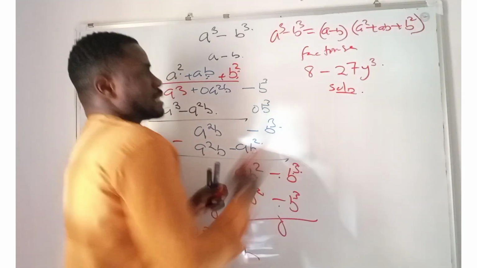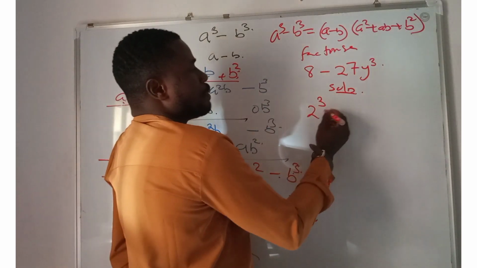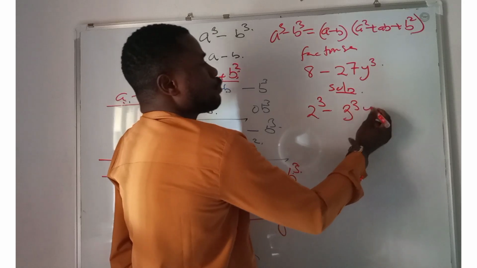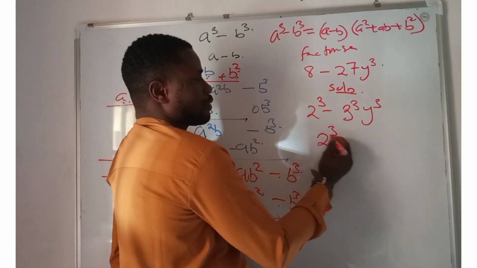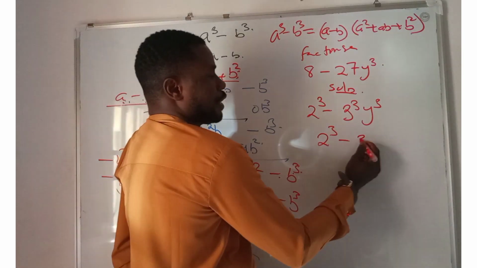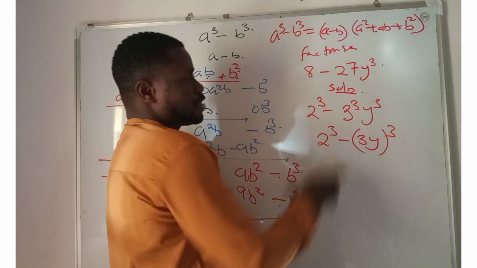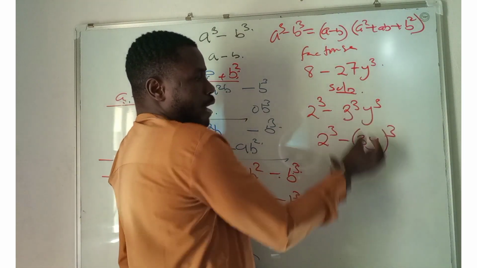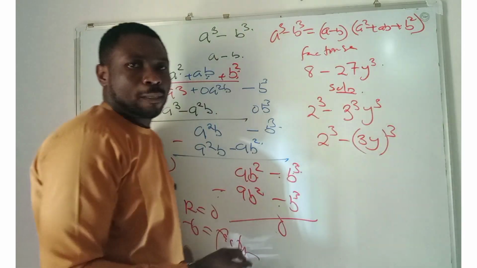So it means that instead of writing 8, we can say 2 raised to power 3, minus 27 can also be expressed as 3 raised to power 3, then y raised to power 3. And of course, this is the same thing as 2 raised to power 3 minus 3y to power 3. Since this is raised to power 3 and this is raised to power 3, we can take 3 and y together to form a base, and the powers, we take a common power.